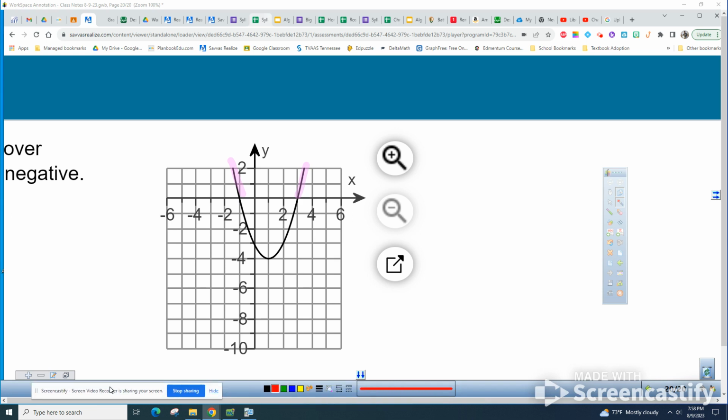That spot there is -1. So from negative infinity to -1, and then from 3 to positive infinity, at least for my problem, that is positive.